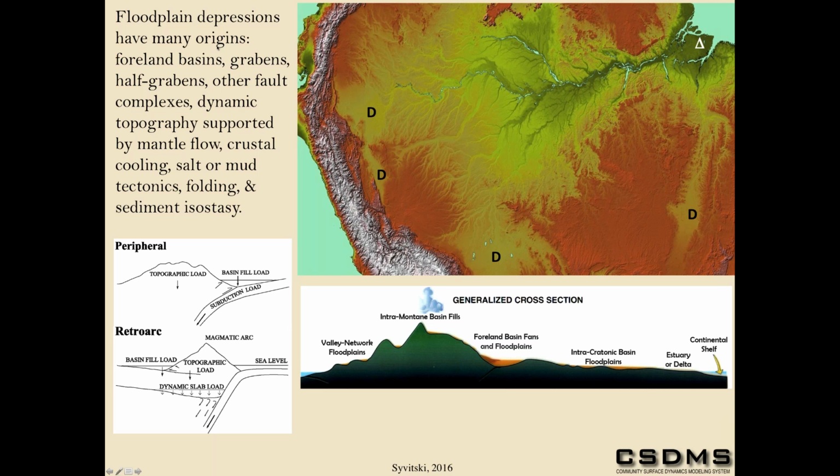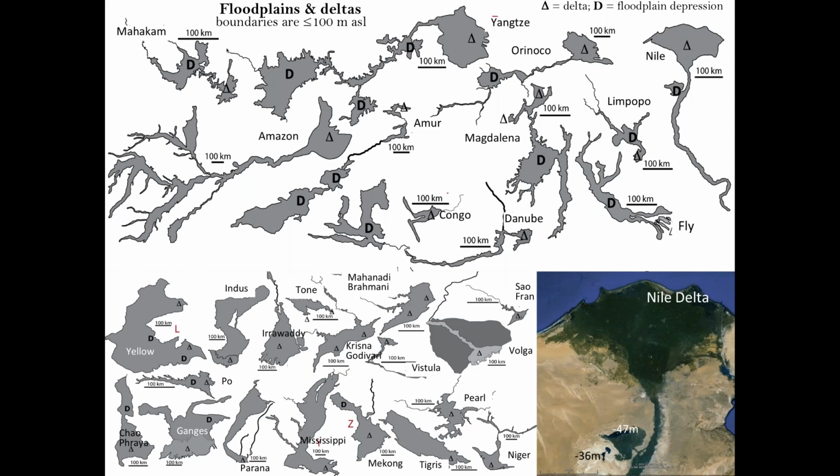But there are all sorts of trapping mechanisms, from grabens and half grabens to even very slow developing dynamic topography from mantle flow, crustal cooling. There's salt or mud tectonics in many continental margin environments, and there's folding and other types of isostasy going on. So they will impact where sediment gets captured.